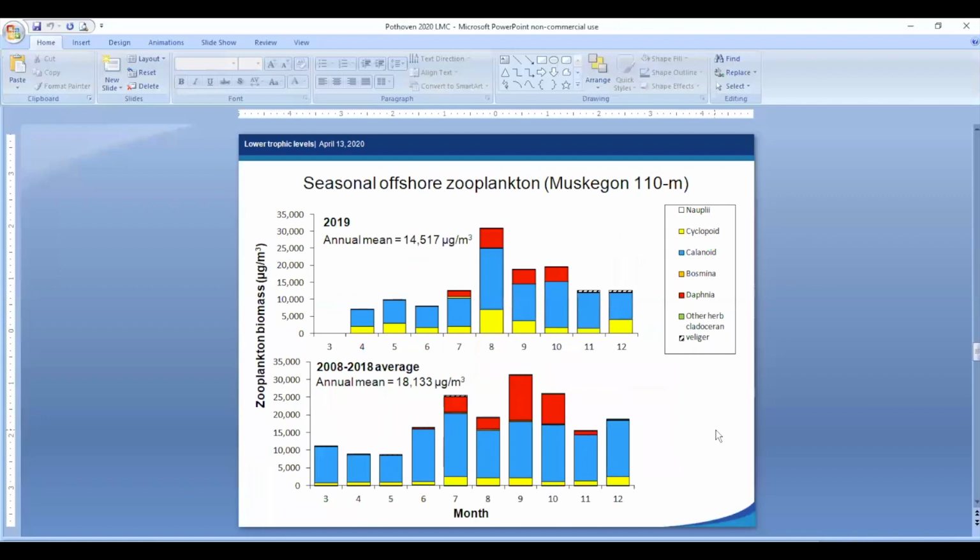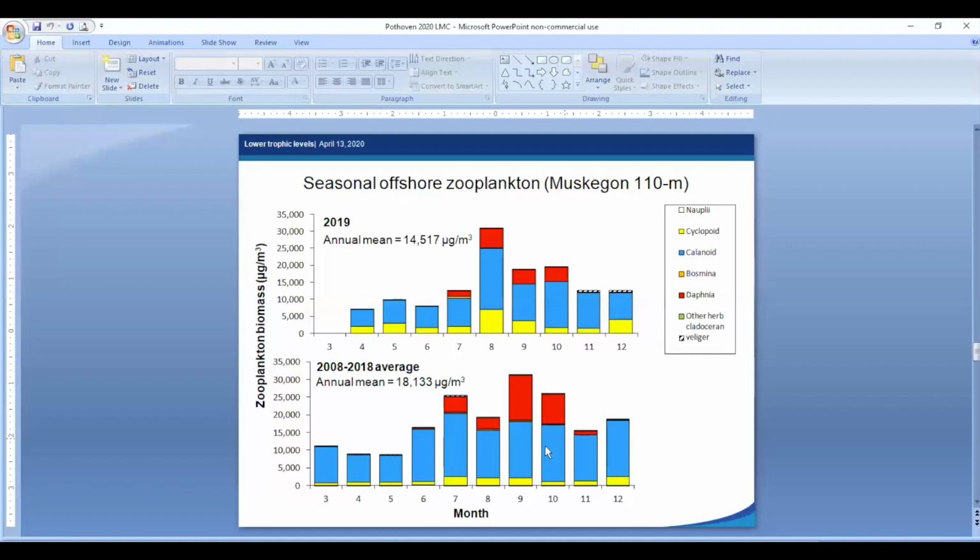So next, to put the zooplankton into a seasonal perspective, on the top we have the 2019 zooplankton biomass by month, and on the bottom, just the average zooplankton biomass for 2008 to 2018. Overall, the annual mean zooplankton biomass was slightly lower in 2019 than what we'd seen on average.